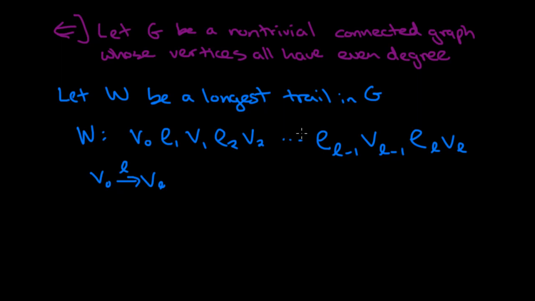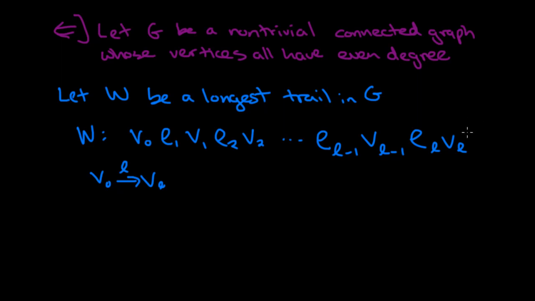Okay, so it is a longest trail, and then now what we have to do is take a look at the fact that V L should actually be the same as V0. And why is this? Well, the reason is because W, this walk, cannot be extended to a longer walk. So that means that when we have reached vertex V L, all of the edges that exit out of vertex V L have to be used up in the walk W. Otherwise, we could just simply extend it.